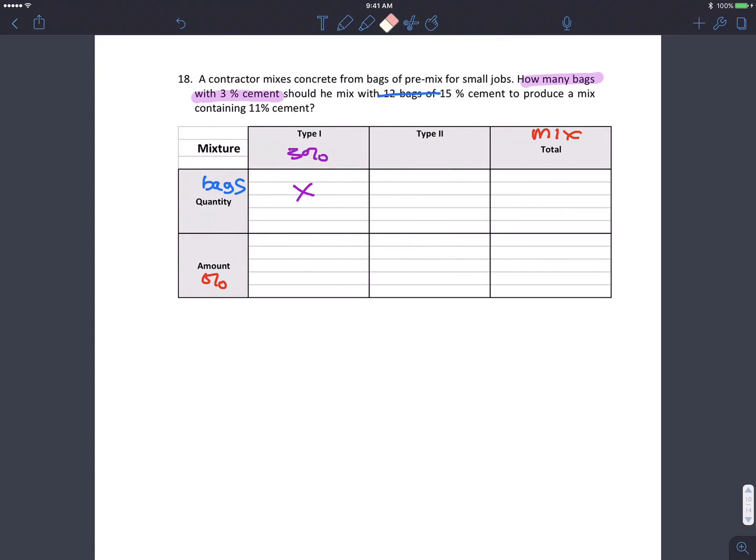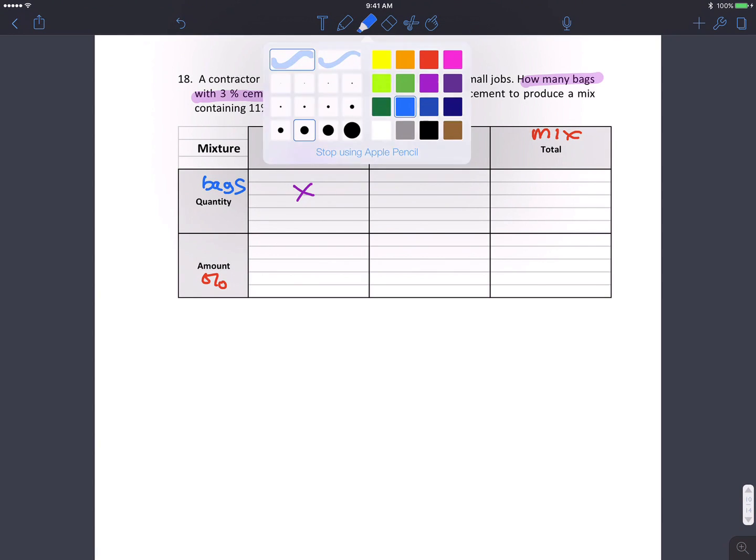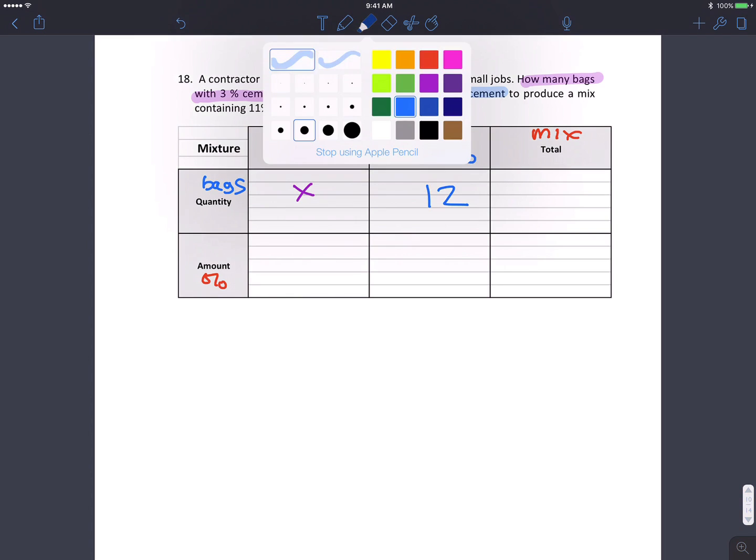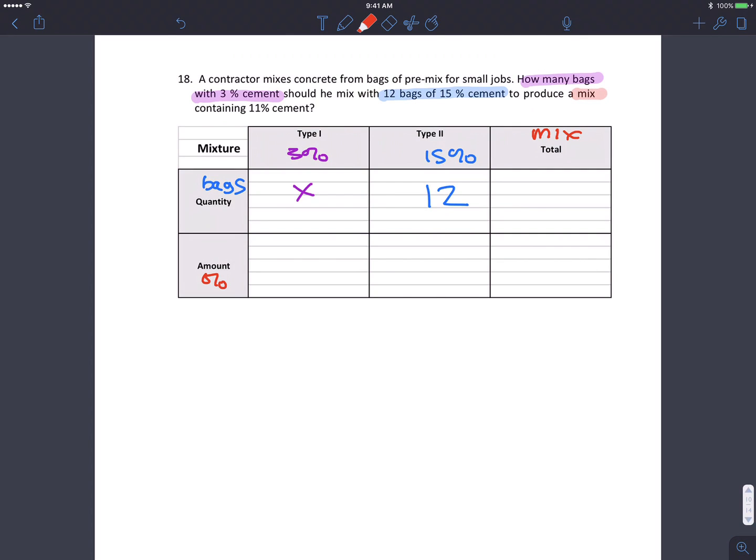Should he mix with 12 bags of 15%? So the second type is 15%. And the quantity they did give us, that's 12. 12 bags of 15% cement to produce a mix, your mixture containing 11%.